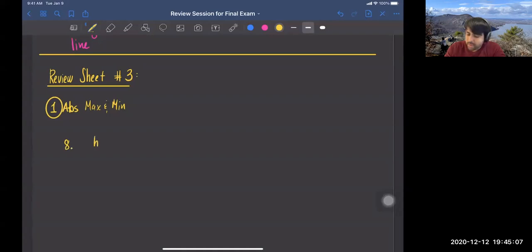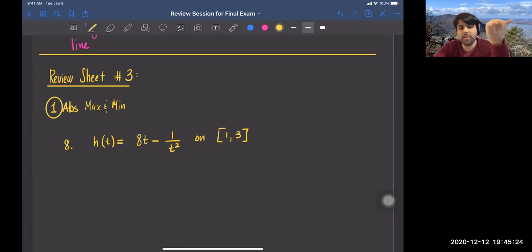Number 8, we have our function h of t is equal to 8t minus 1 over t squared on the interval 1 to 3. So what am I looking for? I'm looking for the absolute max value and the absolute minimum value.